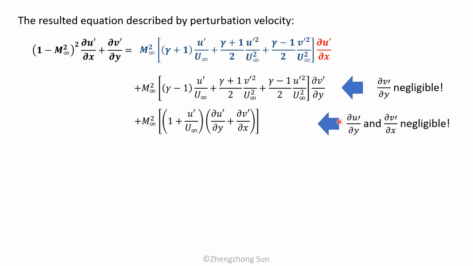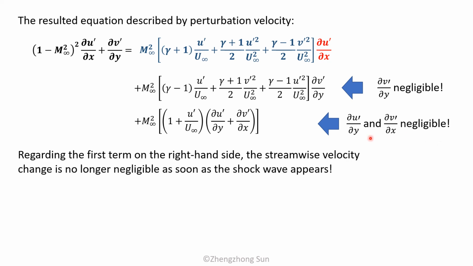Now let's see the second: partial u prime, partial y, and partial v prime, partial x. Since we're just looking at the free stream inviscid flow, and we don't take into account the boundary layer, partial u prime, partial y is also negligible because we don't have velocity gradient along the vertical axis. And also for partial v prime, partial x, there's a minimum change of the streamwise normal velocity component.